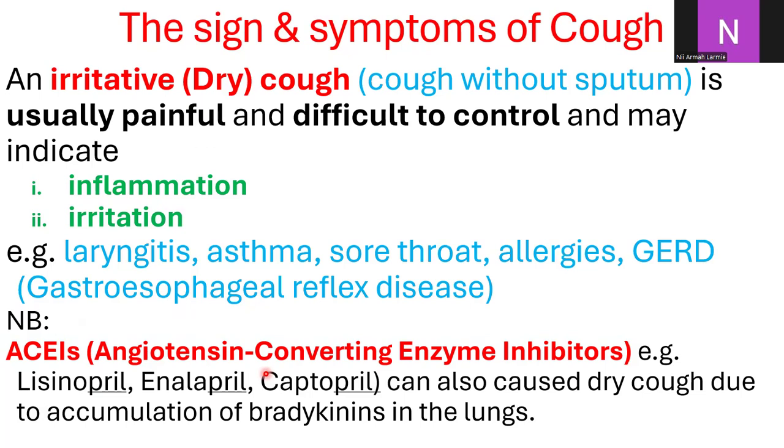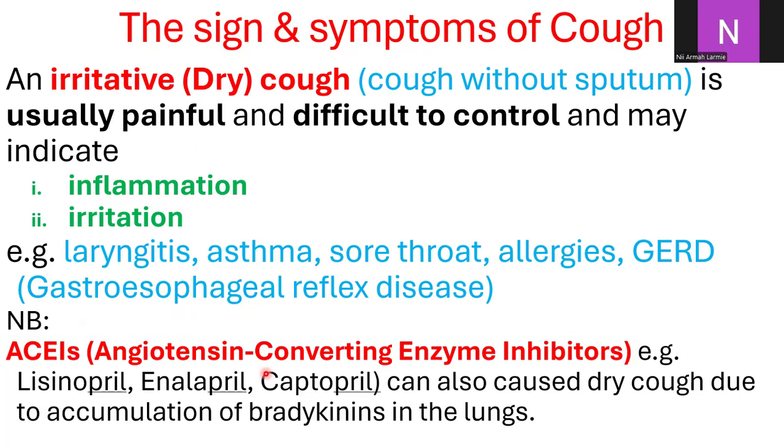Especially our elderly who are on chronic drugs, if you see an elderly person coughing, you want to investigate to see if they have some ACE inhibitor among their drugs, and that could be the reason for the dry cough.